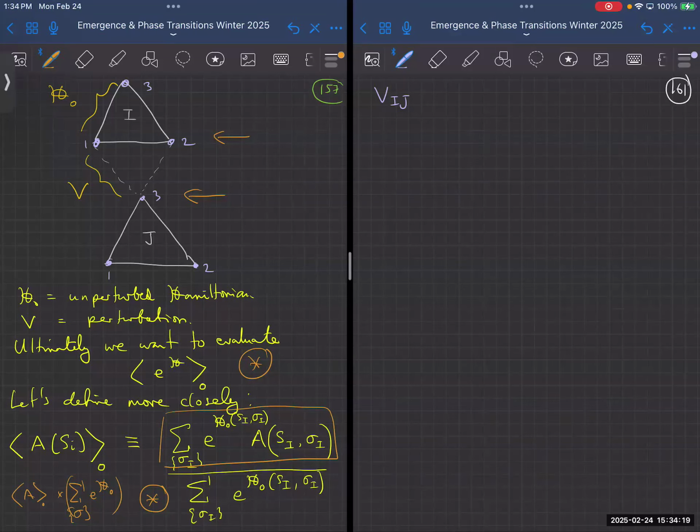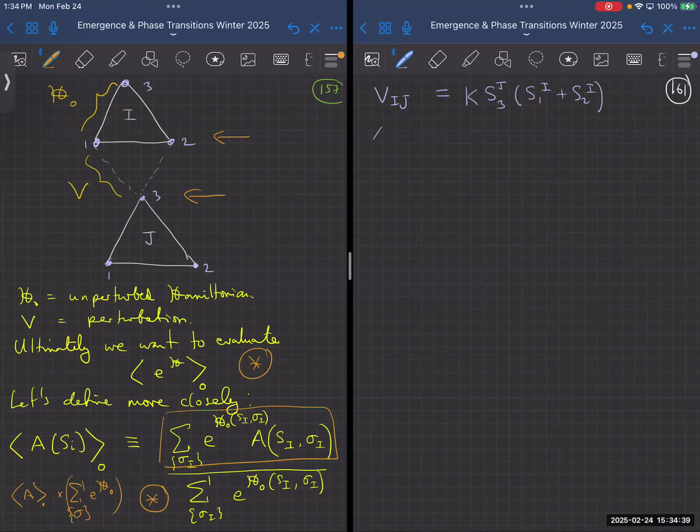Since that's the case, I can write that V_ij is equal to K times the spin S3 multiplied by S1_I plus S2_I. So now I've got the two different blocks coupled like that.